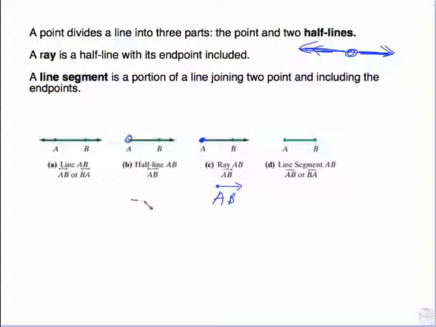But half line AB still has an arrow at this end, but it has an open circle. So when you're doing your homework, you might have to hit the little magnifying glass to blow the picture up to see what the symbols are. And then a line segment is a portion of a line joining 2 points and including the endpoints. So it is AB or BA.